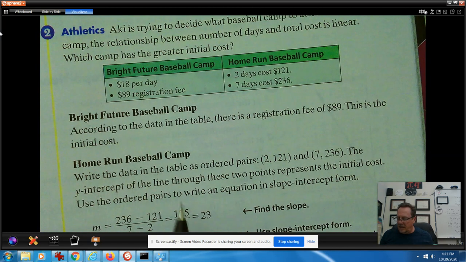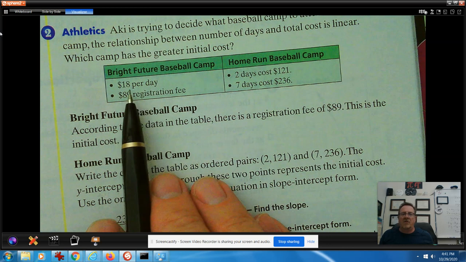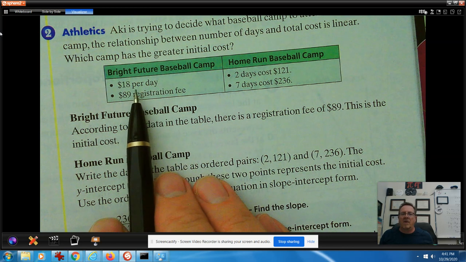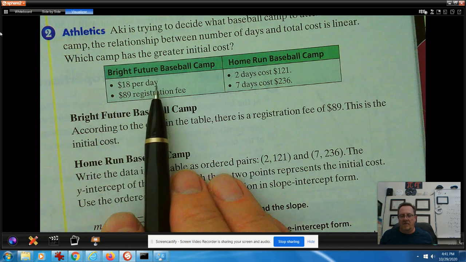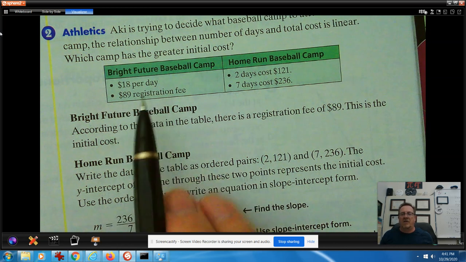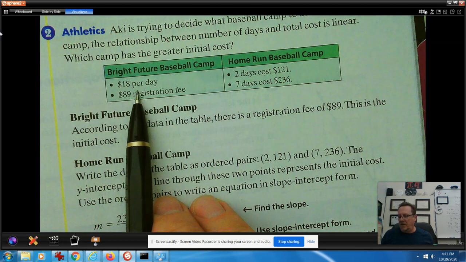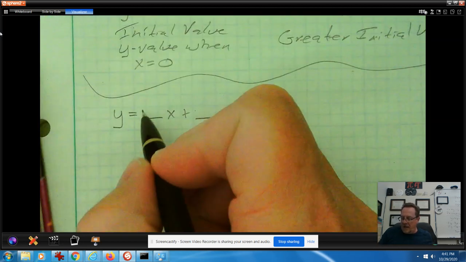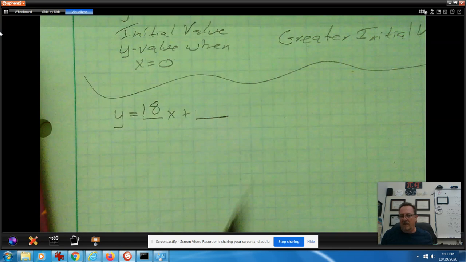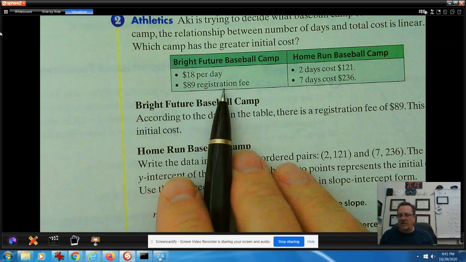It says that they're $18 per day. That's a rate of change because it uses the word per, right? That's our key right there, per day. That's how much it's going to change every day. So that's a rate of change. So if I'm going to write an equation, 18 is going to go here. And then it says that there's an $89 registration fee.